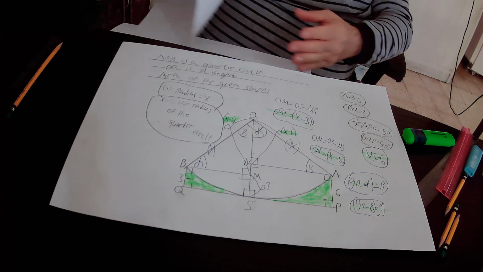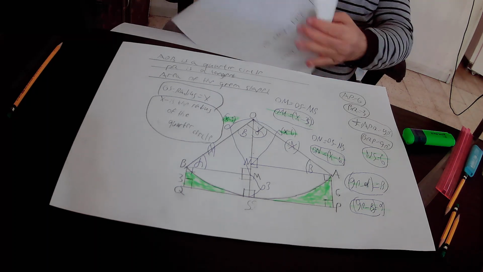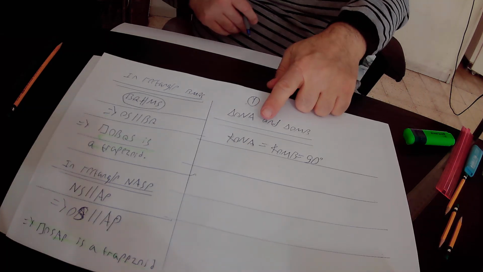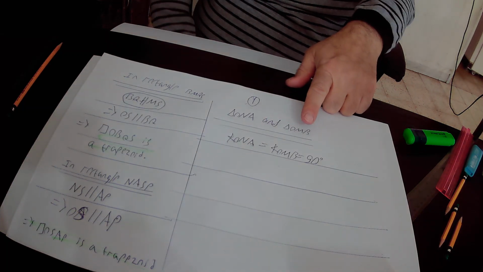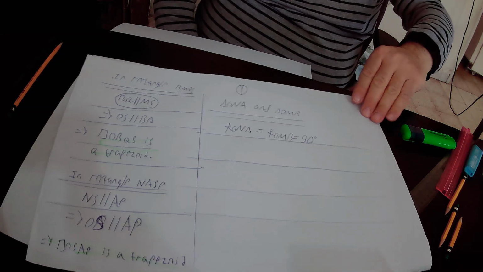Again, angle ONA in the right triangle ONA equals angle OMB in the right triangle OMB. They are both equal to 90 degrees, therefore they are equal to each other.